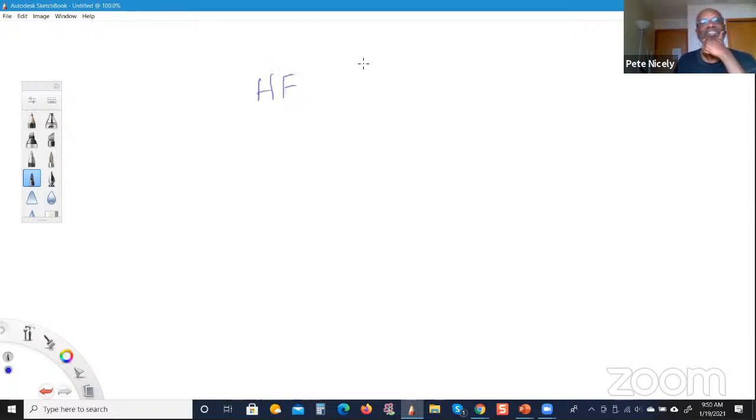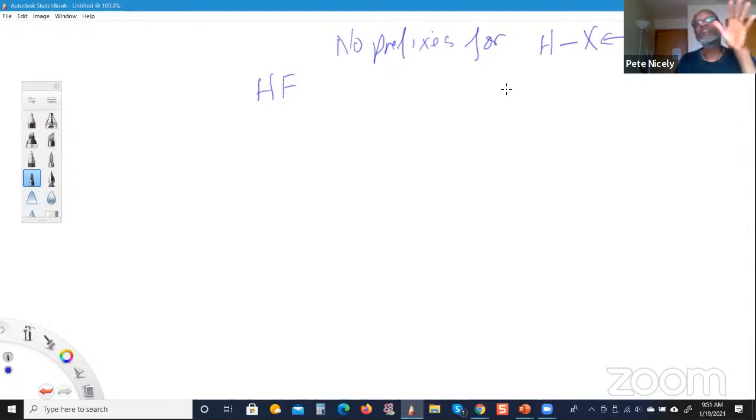According to the rules, no prefixes must be used for any binary molecular compound which has hydrogen bonded to a nonmetal. So this is a nonmetal, all right? So according to the rules, there are no prefixes that you use for any of the elements involved.